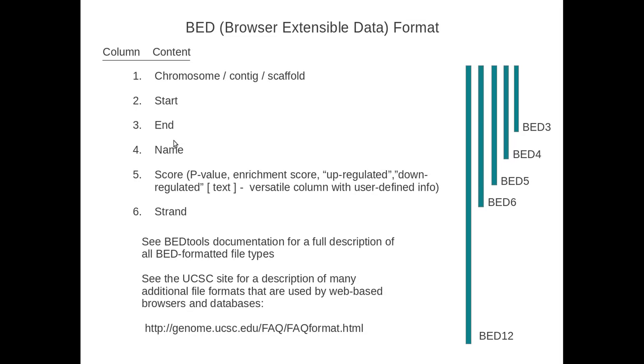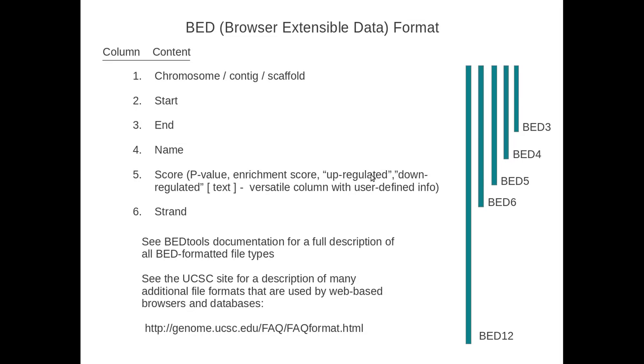Then we have a feature name, and some score or value. This could be even text. So these are some examples, like a p-value. So if we had an interval that was an mRNA and we were interested in whether or not it was differentially expressed, the score here could be a p-value. We could have an enrichment score for a feature, to say some PFAM domain is enriched in some protein expression data set. That could be there.